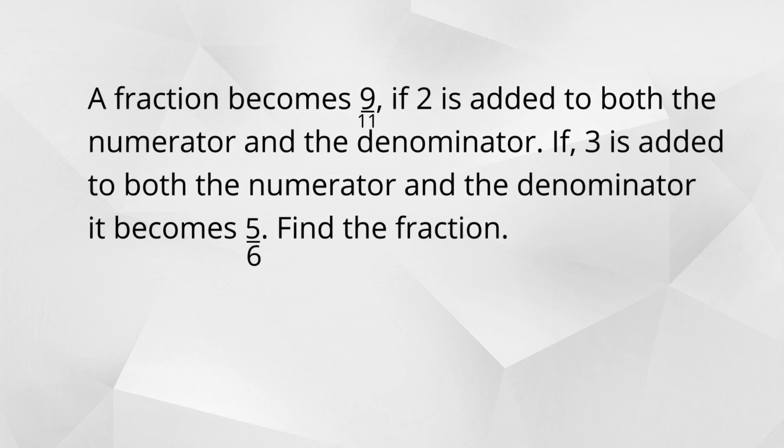Dear students, let us take another example. A fraction becomes 9 by 11 if 2 is added to both the numerator and the denominator. If 3 is added to both the numerator and the denominator, it becomes 5 by 6. Find the fraction.